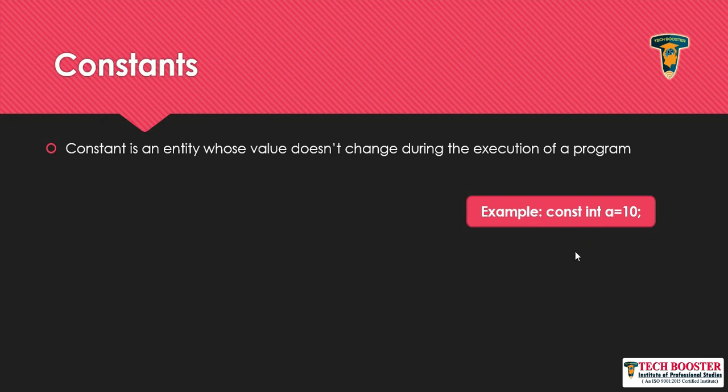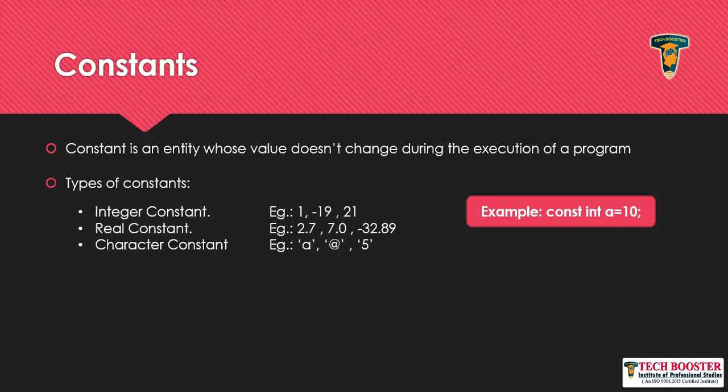And if I talk about your types of constant, I have three defined types. First one is your integer constant, second one is your real constant, and third one is your character constant. Integer constant will hold any of your integer values, either positive or negative. Like you can see here in my example, I have 1, -19, 21 or any other integer value.